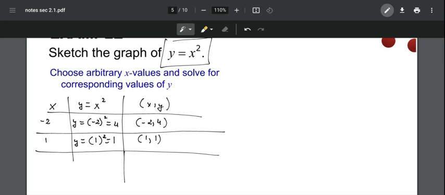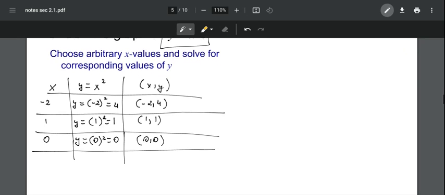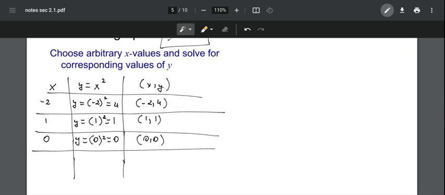Next, I will select 0. It's always good to pick 0 for x. So y will be equal to 0 to the second power, which is just 0. So we have (0, 0), which we call the origin. Let's just pick 2 more. Next value which I will pick for x will be 1. So y will be equal to 1 to the second power, and we're getting 1.